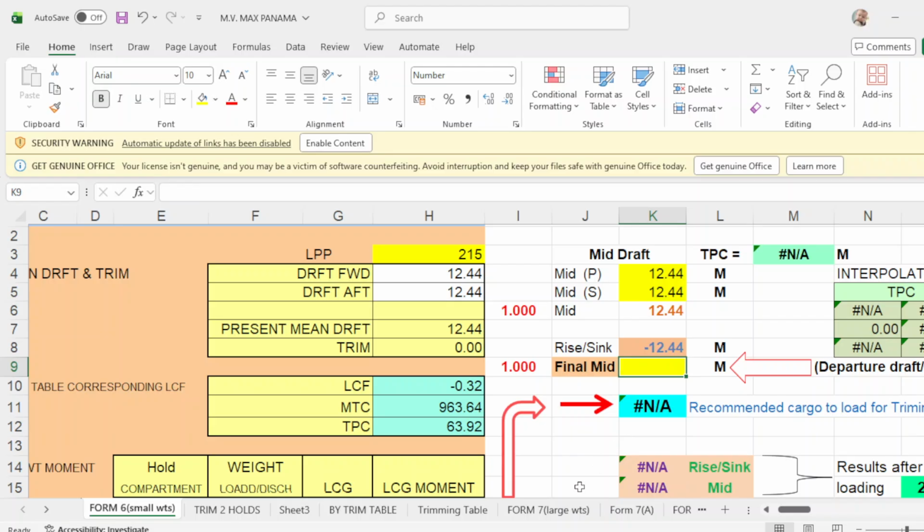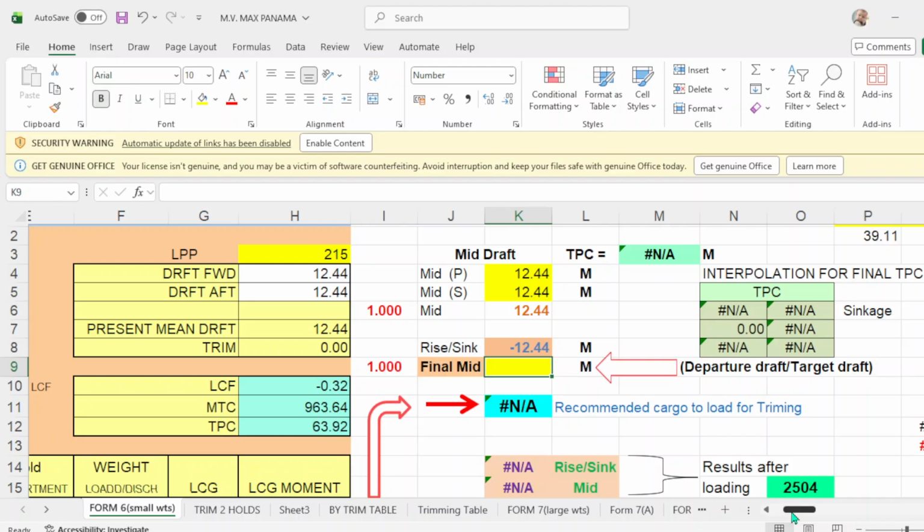Now, in a Panamax vessel, usually the trimming cargo to load is around 2,500, okay? So cargo for trimming in a Panamax vessel is 2,500, while in Capesize it's 5,000, but in a Panamax vessel or 7-hold vessel is 2,500, okay?